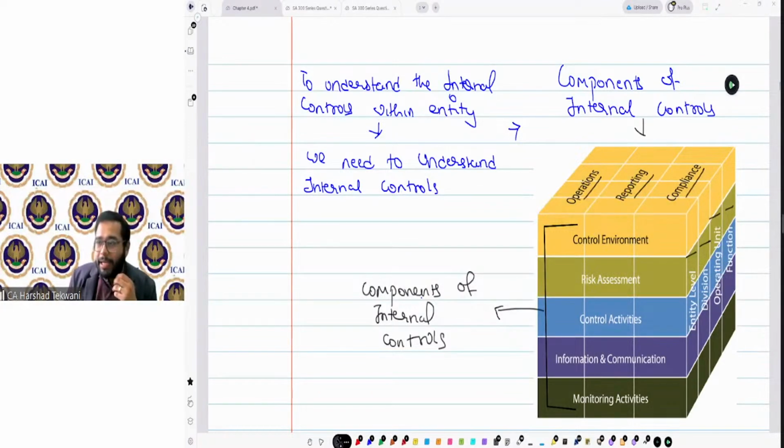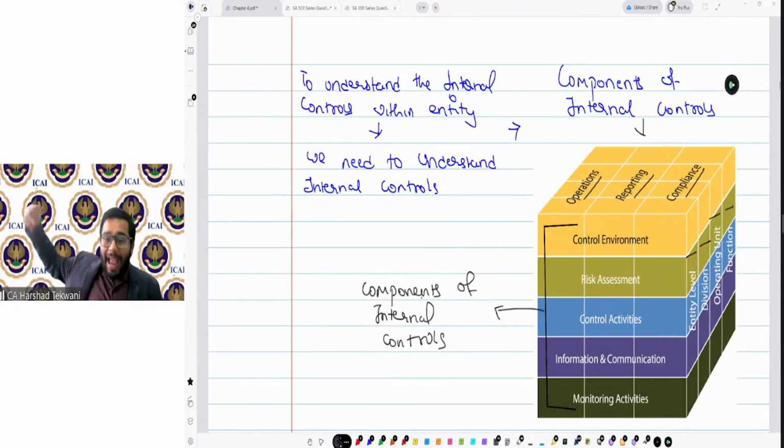The logic, or the concept, behind understanding internal control is that internal controls are not like the entity or its process, where you do an interview and it's done. As I said, there could be multiple types of internal controls.